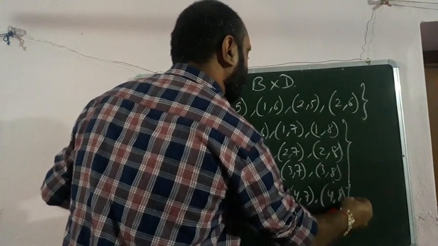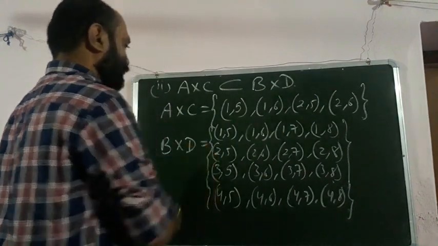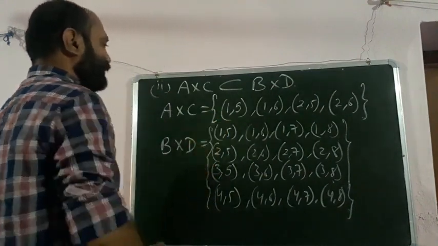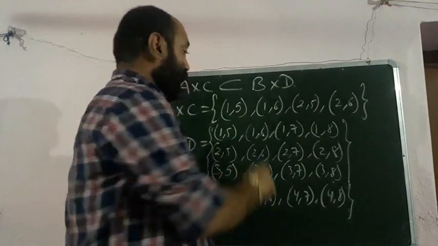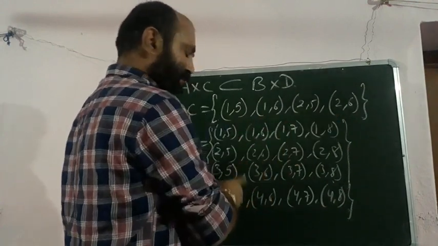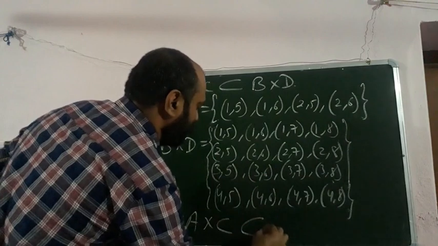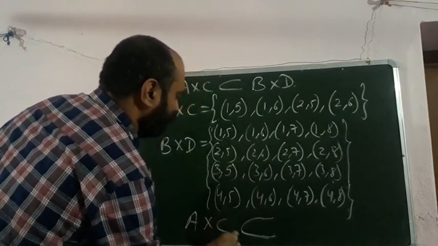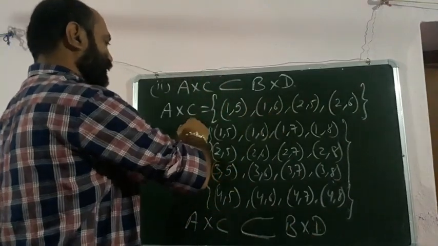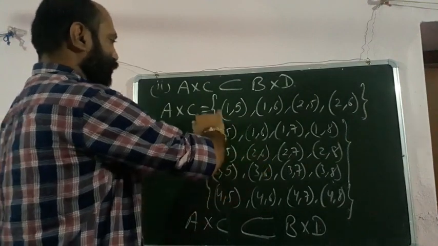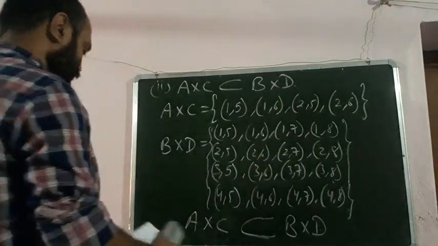So these are the possible pairs in B cross D. So you can see that all the pairs of A cross C are in B cross D. It shows that A cross C is a subset of B cross D, because all the elements of this are in B cross D, right? So this is the verification.